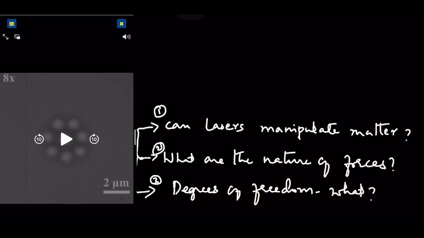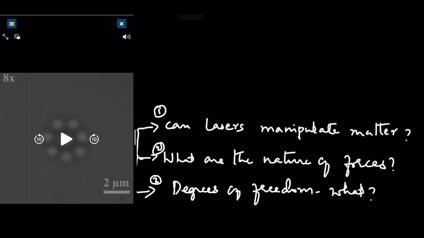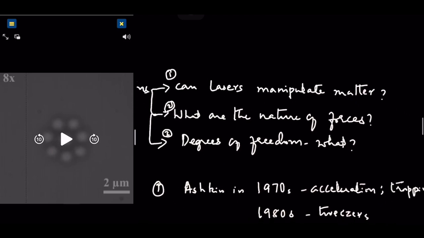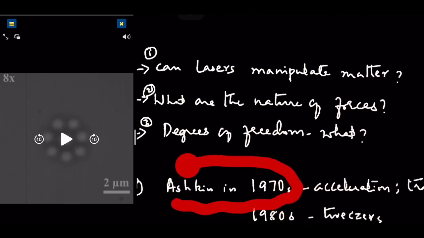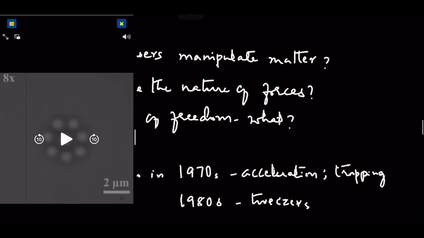And what kind of degrees of freedom can you really excite using such light matter interaction? These were some of the very interesting questions during the 1970s or 80s. And one of the pioneers in this area was Arthur Ashkin, who devised some very ingenious experiments in order to address these questions. Starting in the 1970s, he showed that you can accelerate objects using light sources.